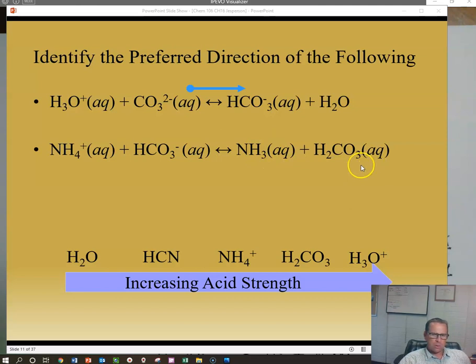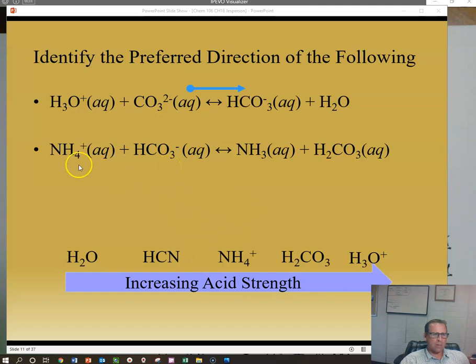Then going to the left, it would be the H2CO3 because it's donating its hydrogen. Okay, excellent. So now we can decide which one is a stronger acid with our little scale here, and we would show which direction we would expect this reaction to want to be heading.